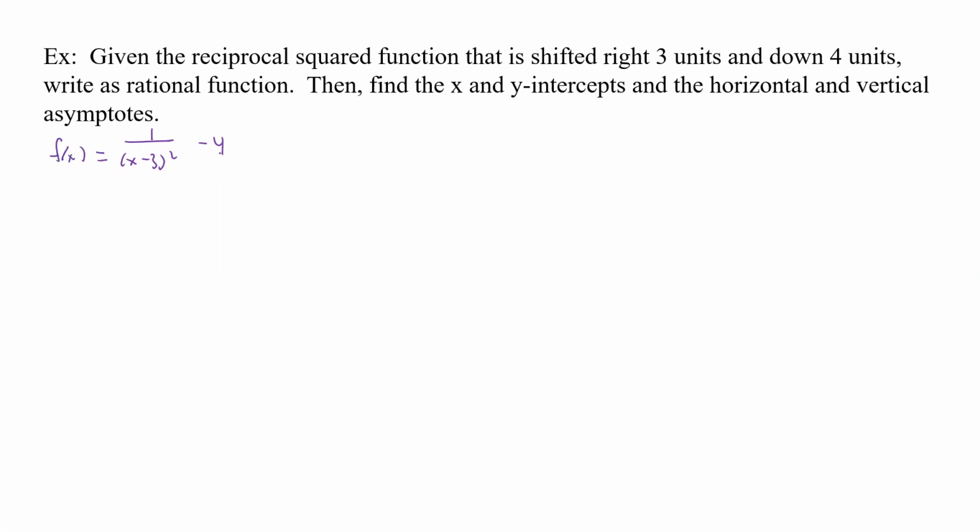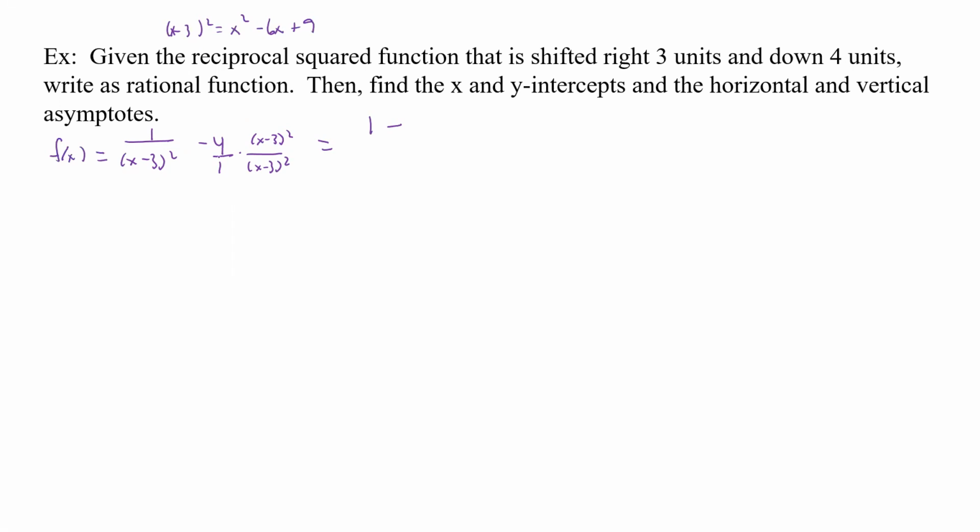Well, this is really right now 4 over 1 and 1 over (x minus 3) squared. So we're going to have to multiply by (x minus 3) squared over (x minus 3) squared to get the same denominators. Simplifying that, we're going to have 1 minus 4 times, and if we take (x minus 3) squared, that's going to be x squared minus 6x plus 9.